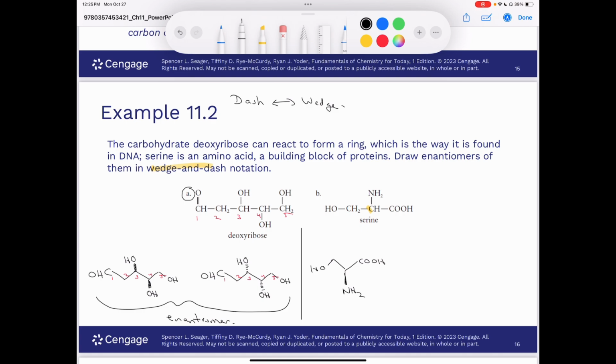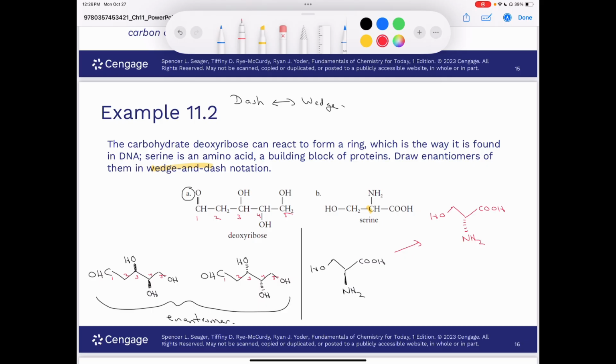So then to draw the enantiomer, you've got one of two possibilities, okay? One would be just to reproduce the same thing. So I'm going to copy this and just paste it over here. Okay, and I'll change the color. And what we're going to do is just flip the wedge to a dash, and that would be a pair of enantiomers.